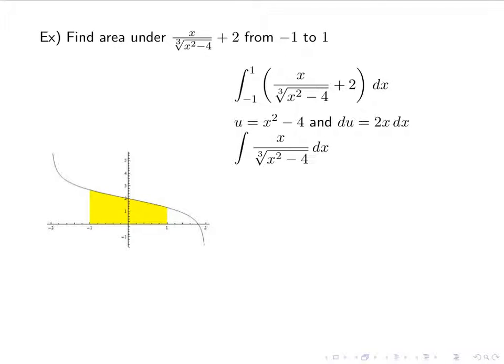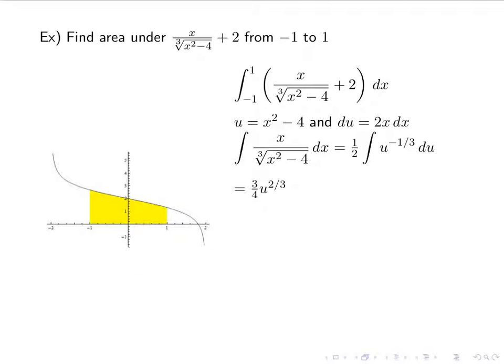If we ignore the plus 2 for now, we just look at the integral of x divided by the cubed root of x squared minus 4, we plug in our u-substitution, we get 1/2 the integral of u to the negative 1/3 du. So I'm rewriting 1 over the cubed root as to the negative 1/3, and then this 1/2 is coming from dividing by the 2.